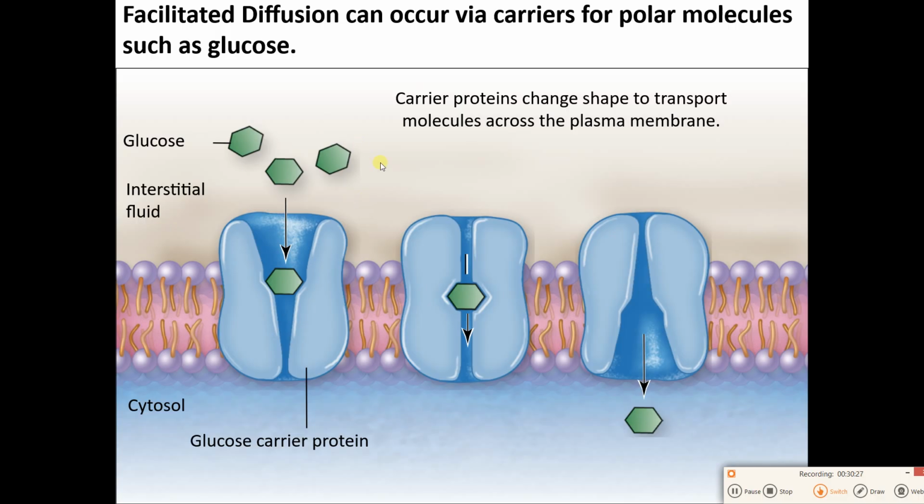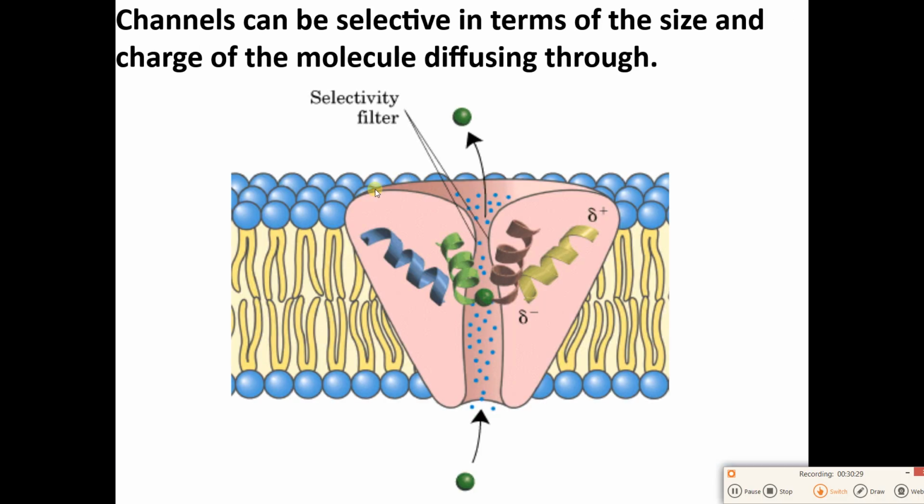Now, one of the things that we got to be aware of is that channels can be selective. So a channel can have a particular size to it. If you look at your periodic table, you look at where sodium, potassium, and calcium are, they're of different sizes. So we can restrict ions based on how big they are by adjusting the pore size here.